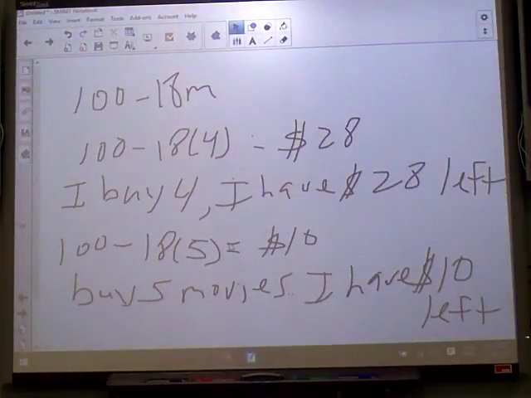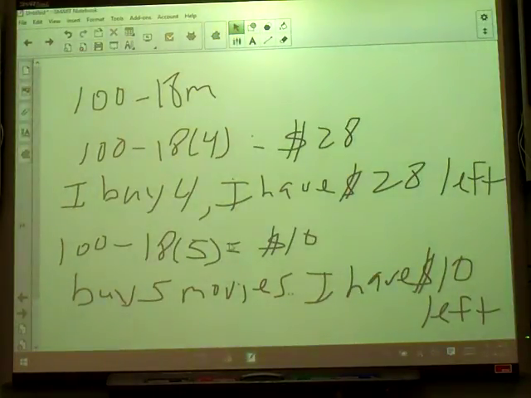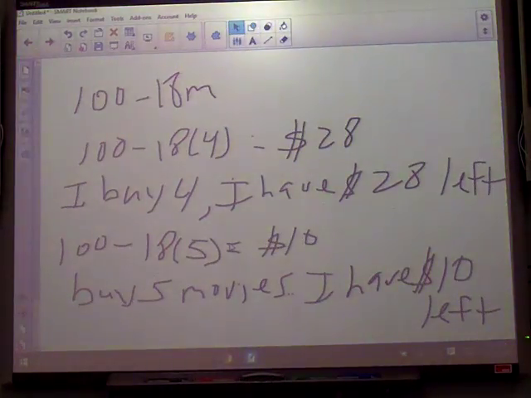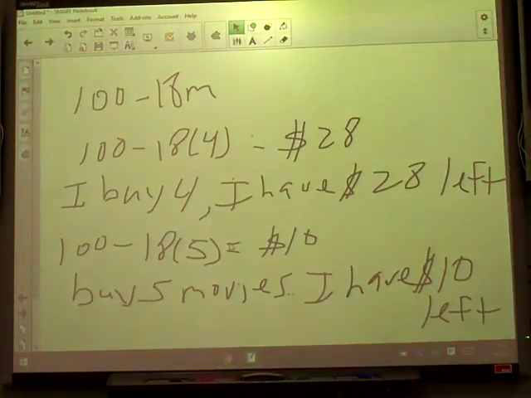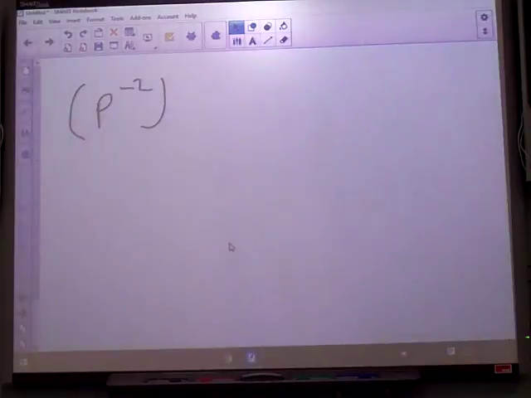Alright, on page 2, first one I circled was number 42. You ready? Alright, 42, I got p to the negative 2 to the 5th.